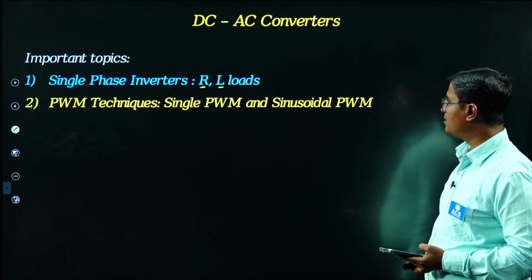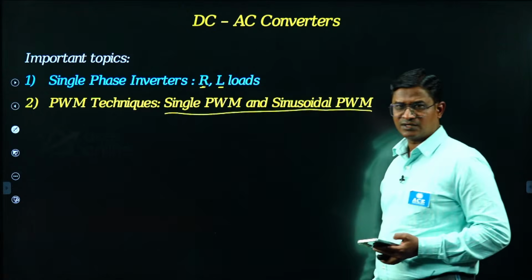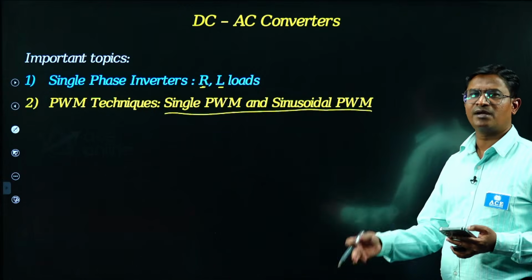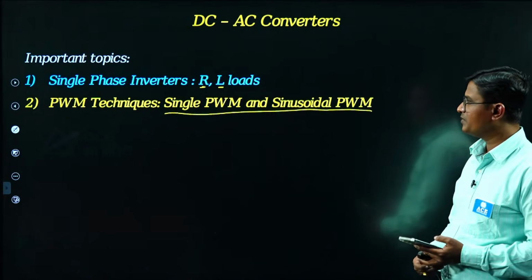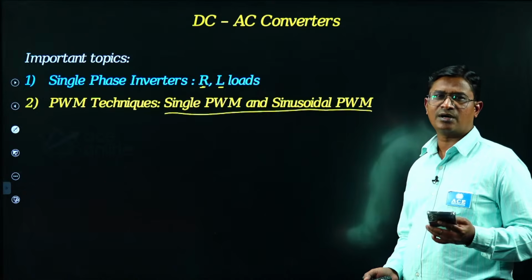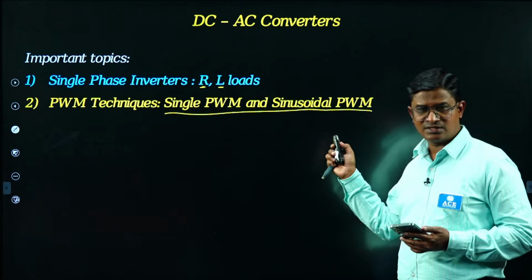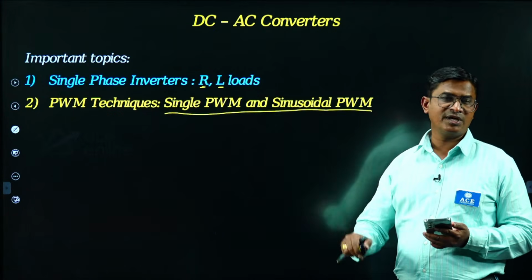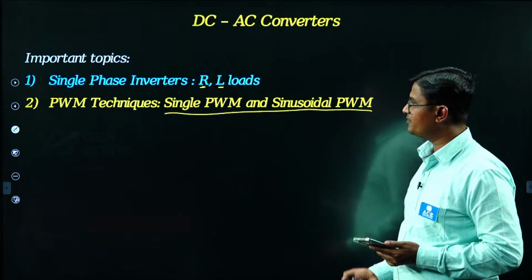In that, single PWM and sinusoidal PWM are very, very important. Repeatedly they ask questions on these. On multiple PWM, you will find comparatively very few questions. So these 4 are important. On 3-phase inverters also, comparatively fewer questions have been asked. And more questions on this chapter have been asked based on the Fourier series expression of the output voltage waveform.